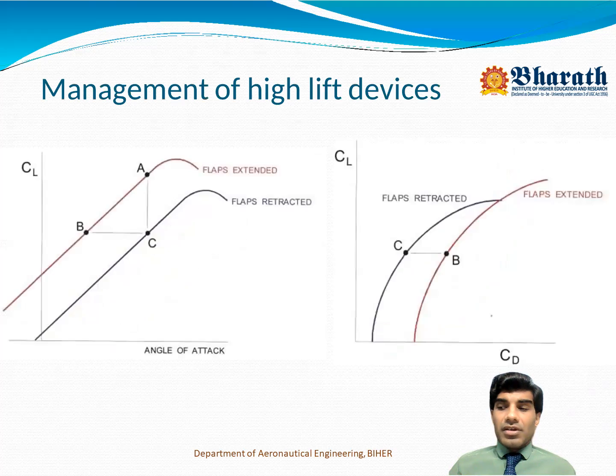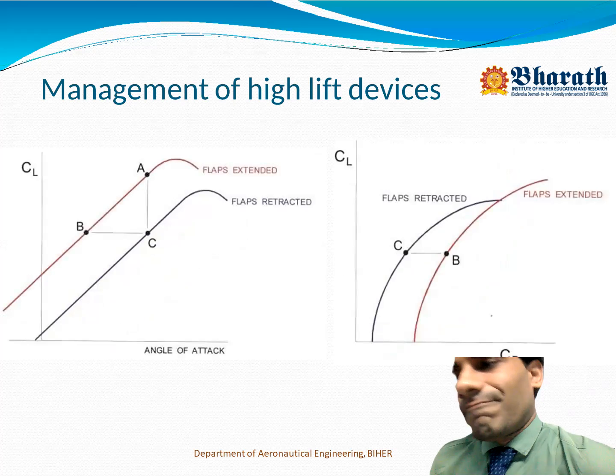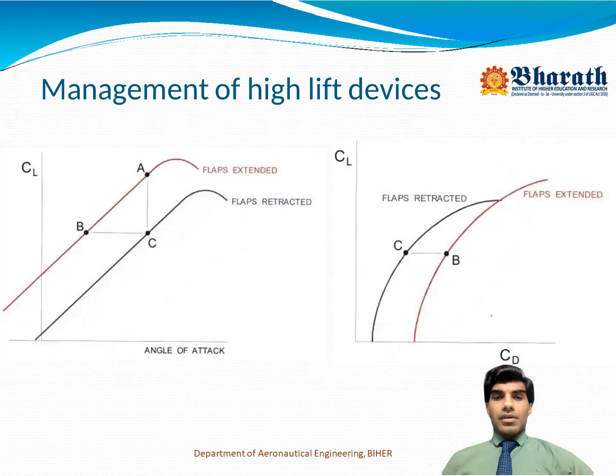And then the management of high lift devices. As you can see here, the graph on the left side is between coefficient of lift and angle of attack, and the right side is between coefficient of lift and coefficient of drag.